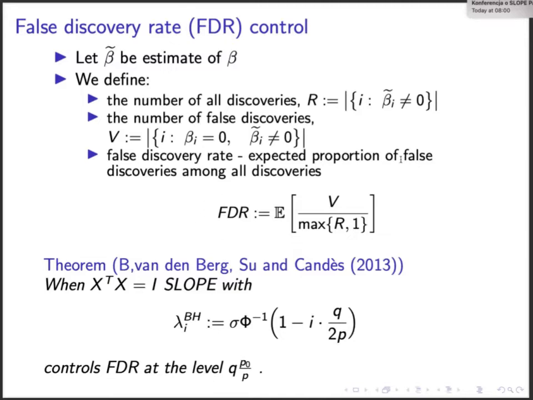In the LASSO literature, there was a lot of emphasis on perfect model discovery. If you want to discover the model perfectly, you do not allow any false discoveries. A false discovery is a coefficient which you find to be non-zero, which in reality is zero.